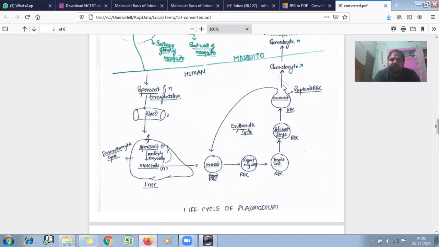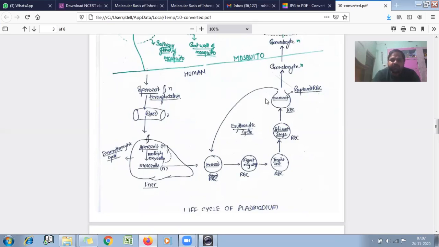We can see here that since the blood cells have been ruptured at this stage of merozoite, fever occurs. It means at this stage of the life cycle of this parasite, the human feels fever.